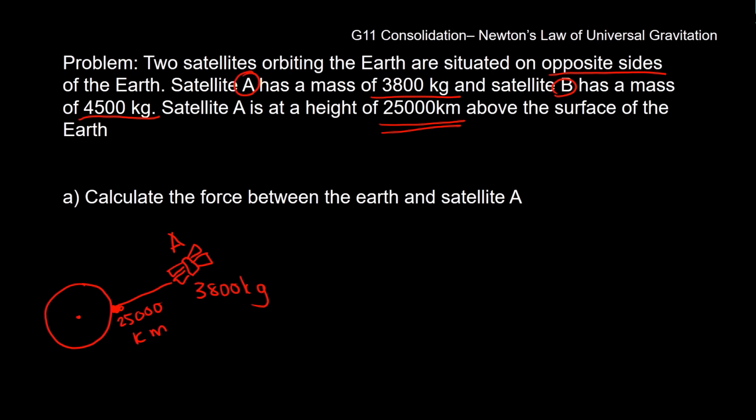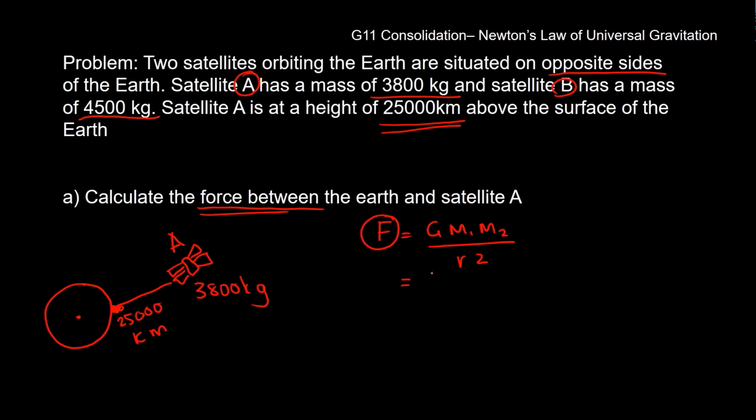So let's read. Calculate the force between the Earth and satellite A. Okay, so we've got F is equal to G M1 M2 divided by R squared. They want to know the force, so I need to find F. Do I have the other bits of information?